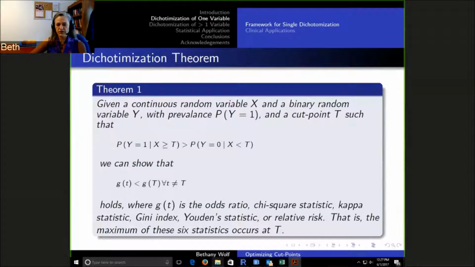So of the 12 that I started with, it turns out that 6 of the 12 should actually recover that true threshold, that true cut point, when it actually exists.